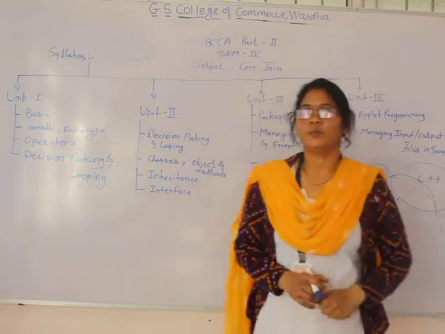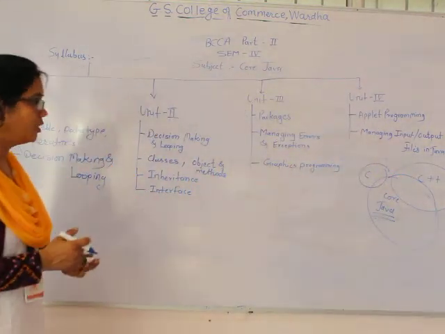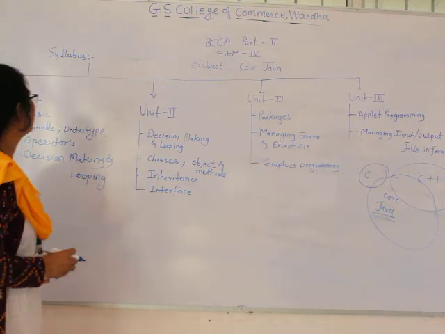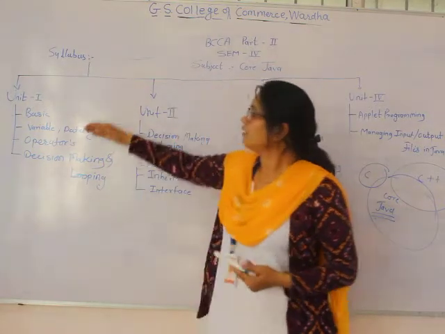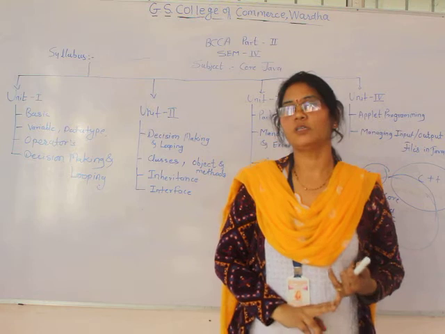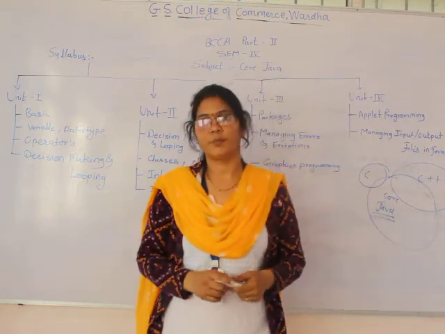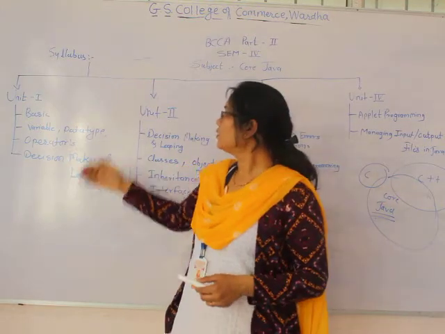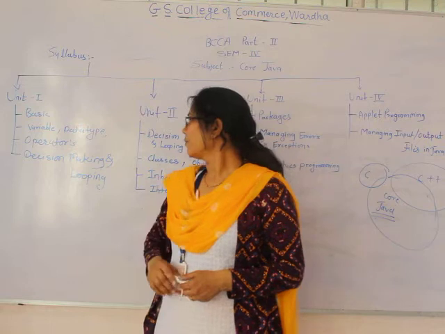Let's see the syllabus which is included in your course in 4th semester. The first unit has basic topics like the history of Java, features of Java, simple programming, structure of a Java program and all. The next is variables, data types, operators, decision making and looping.